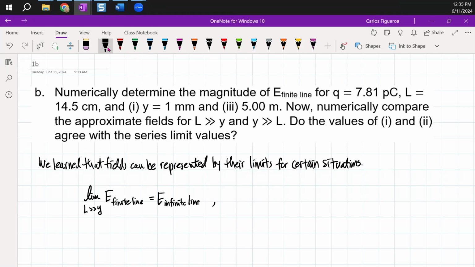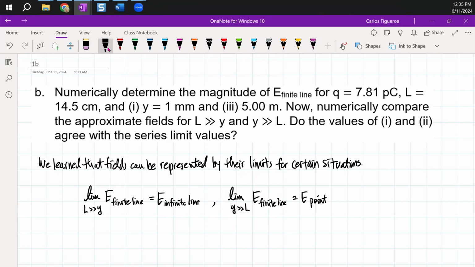And the other situation that we looked at is that if I took the limit where Y was much, much bigger than L, then we could replace the finite field at large distances with that of a point.